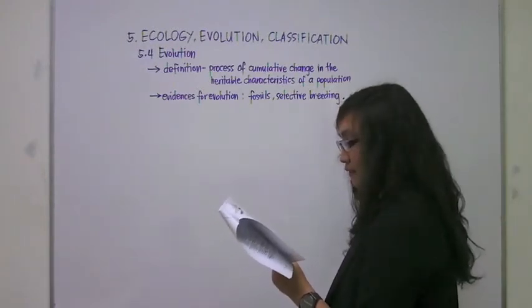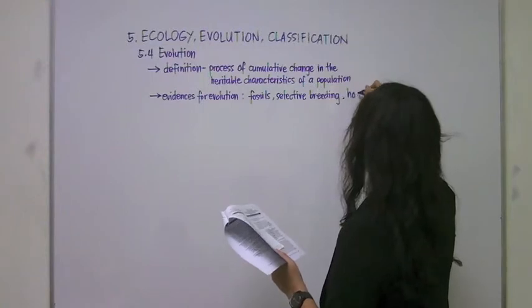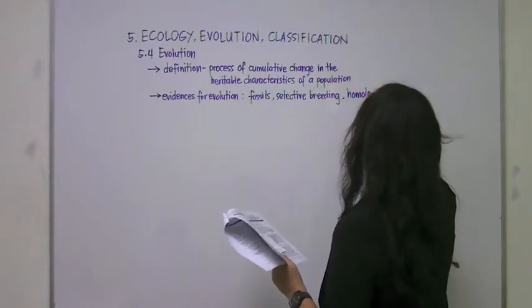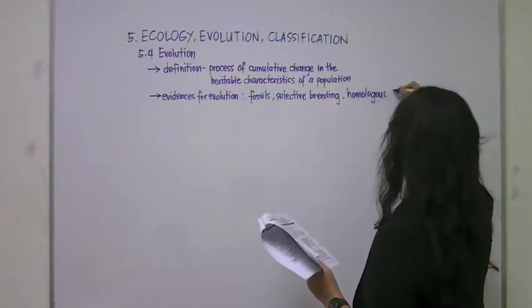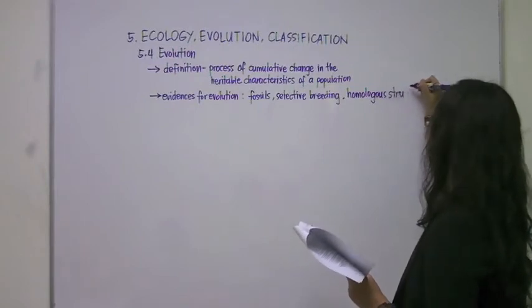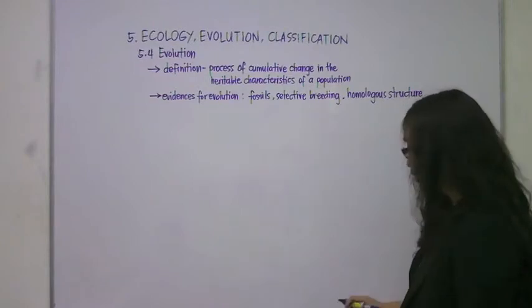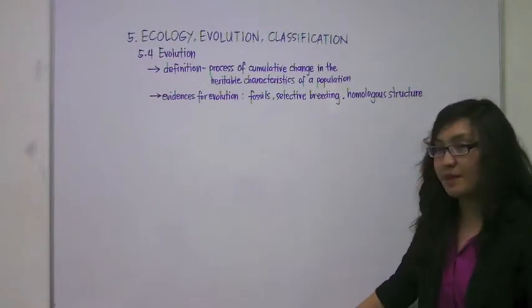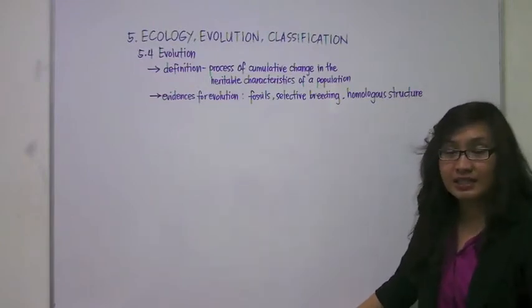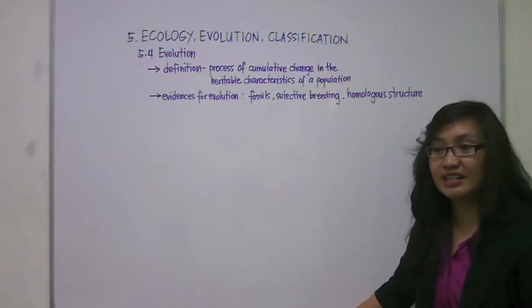Another evidence for evolution is homologous structures. Homologous structures are structures present in organisms, specifically vertebrates, that share the same structure.